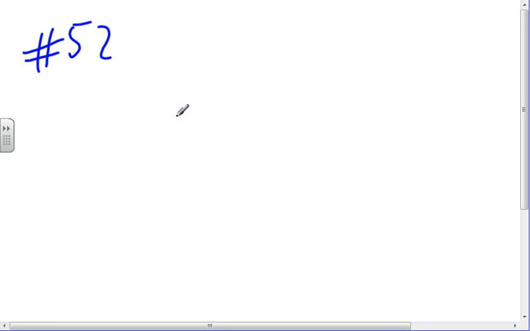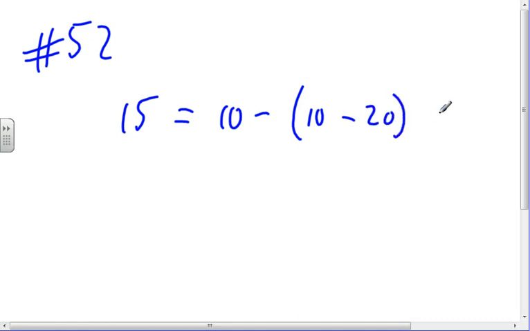Now we have that 15 is equal to 10 minus parentheses 10 minus 20 e to the minus t divided by 15 microseconds.